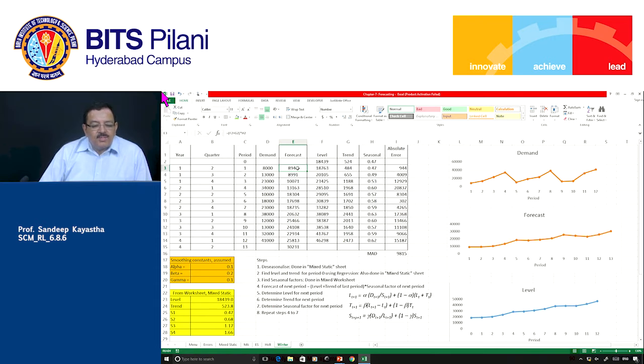Once you have made a forecast, then you get the actual value, which is 8,000. You made a forecast of 8,944. What has come out is 8,000. In view of this, we will have to find out what is the new level, what is the new trend, and what is the new seasonal index.